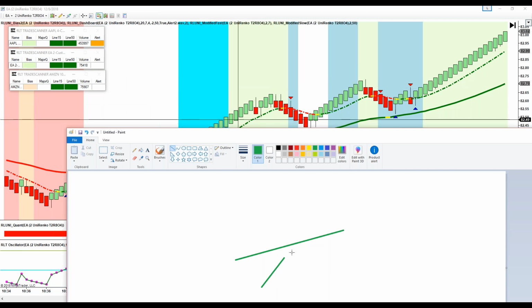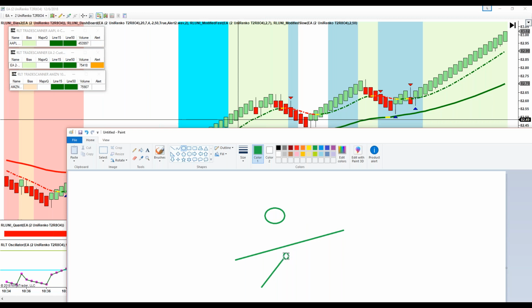You've got a strongly trending market, but that 15 hasn't crossed, and that's a big deal. Now, price must be here. It's got to be above the 50 and above the 15.